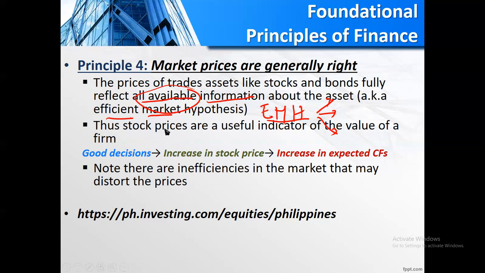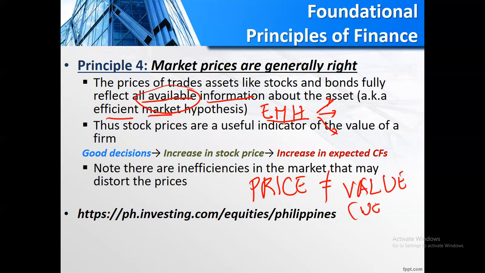Okay, and the stock price is a useful indicator of value. Technically, guys, the price of the stock that's reflected in the market is actually not equal to the value, the worth of the stock. When you say price, it's how much an investor is willing to pay for that asset. When you look at the value, it's the intrinsic value.